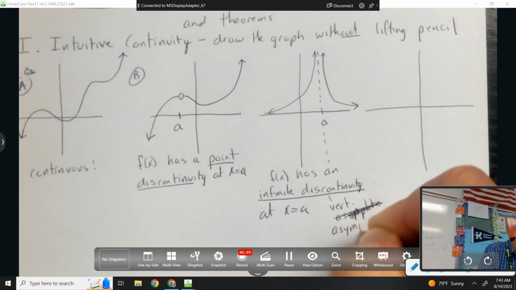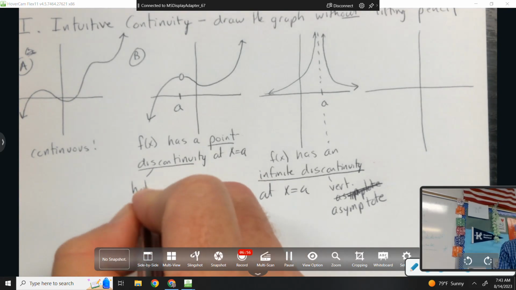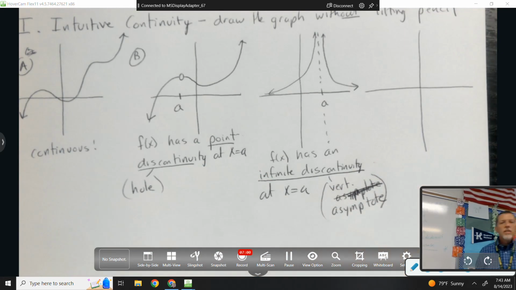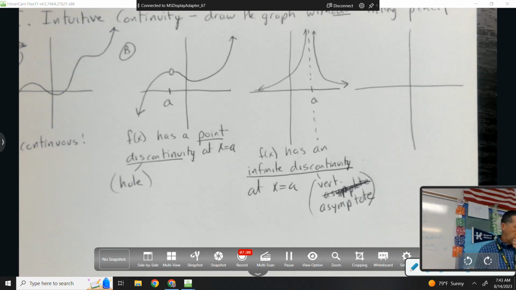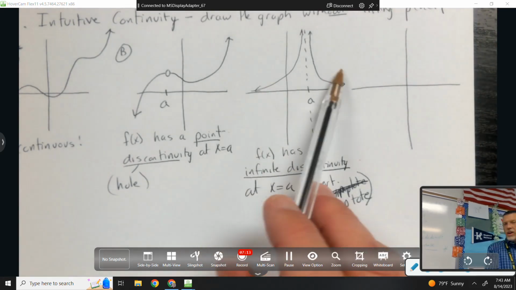I know how to spell asymptote. Just like point discontinuity is a hole. So those are maybe new words for things we already know about. Point discontinuity is a hole. Infinite discontinuity is a vertical asymptote. And kind of the same thing, this is continuous other places.